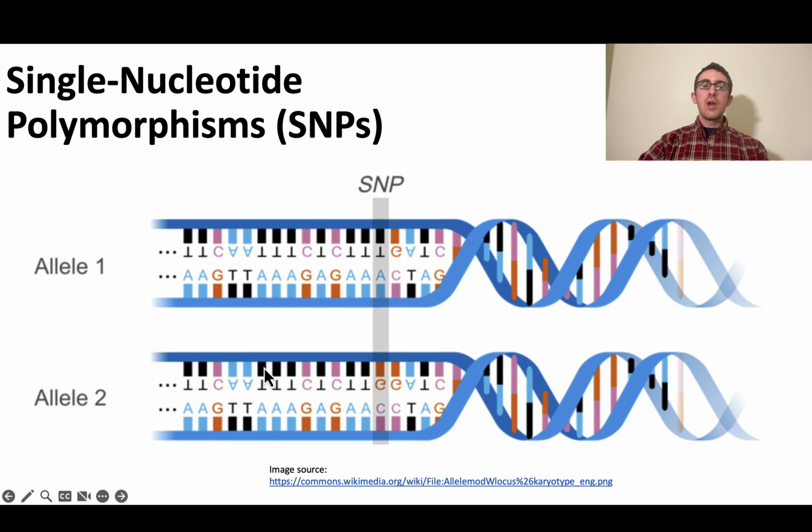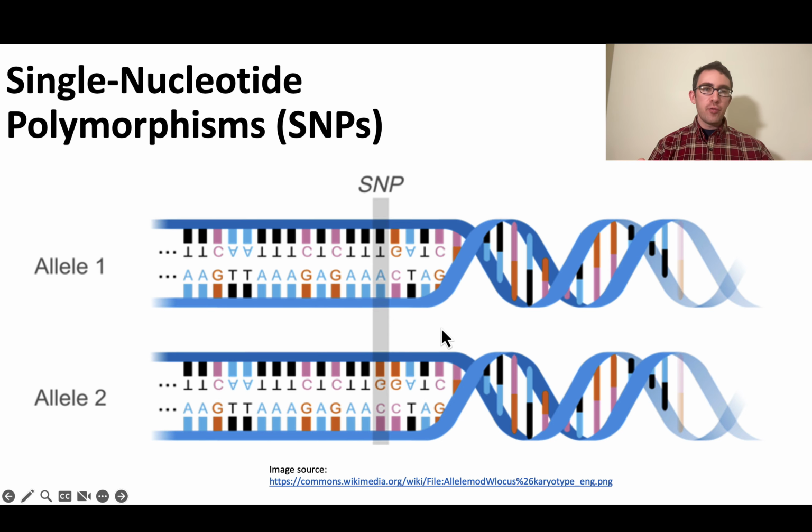Most of these letters are the same, but calling something a SNP means there's a possibility of having different letters. Maybe this person has an A on each copy, or a C on each of their 2 copies, or an A on one copy and a C on the other, like in this picture here.